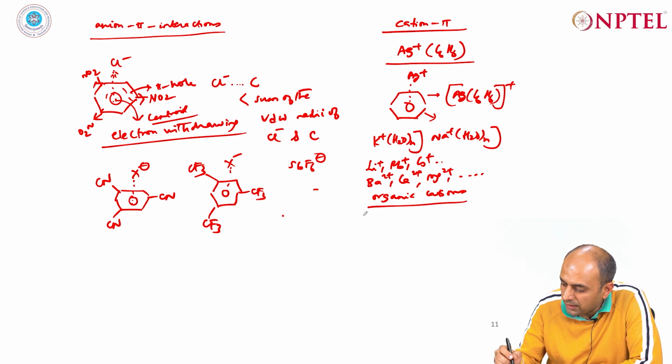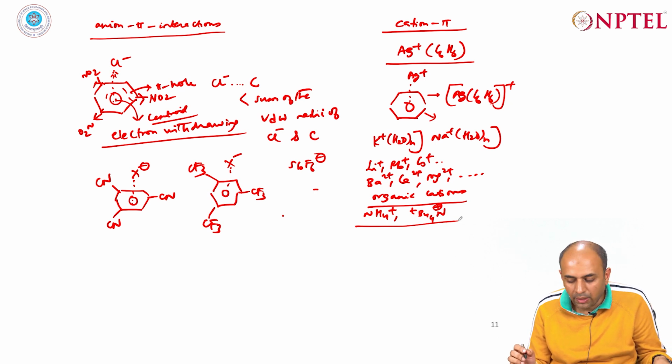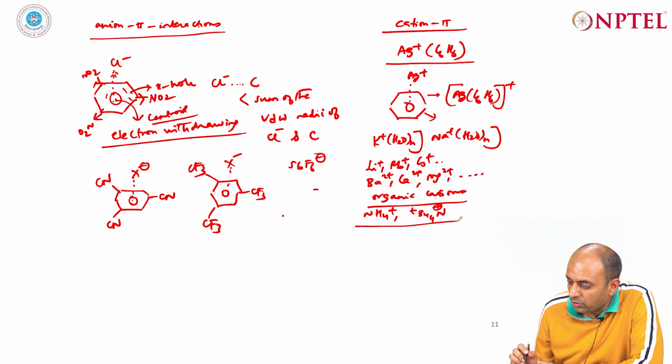So, now we can consider ammonium, for example, as an organic cation. We can consider tertiary butyl tetraammonium cation. These kind of cations can also be considered to play an important role in molecular recognition.